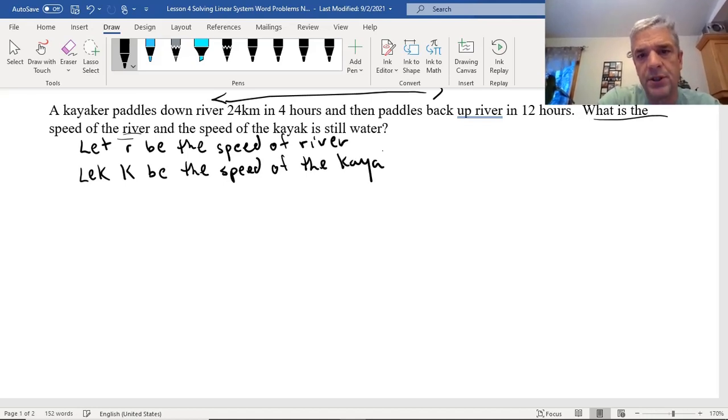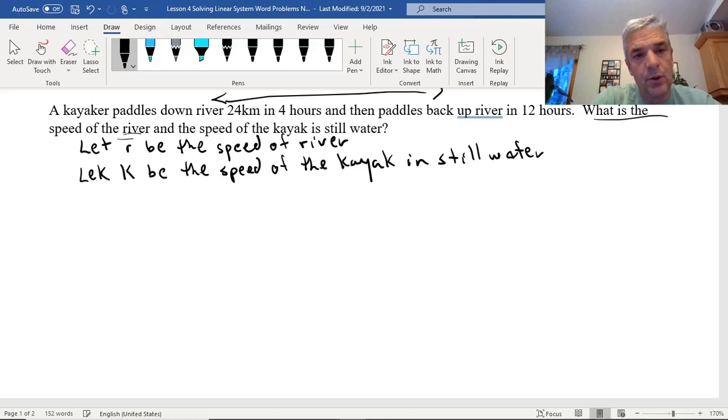And it's important to include in still water, okay? Because the kayak will move at different speeds depending on whether you're going down river or you're going back up river. So be careful that you include this in still water. It's important, okay?